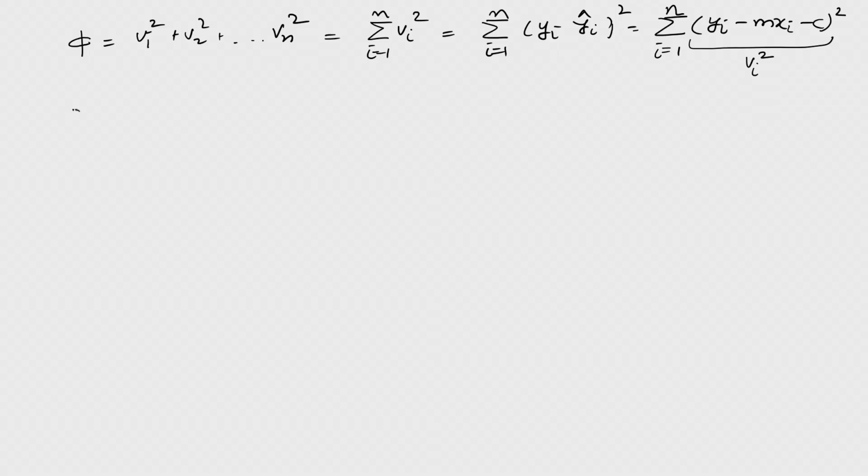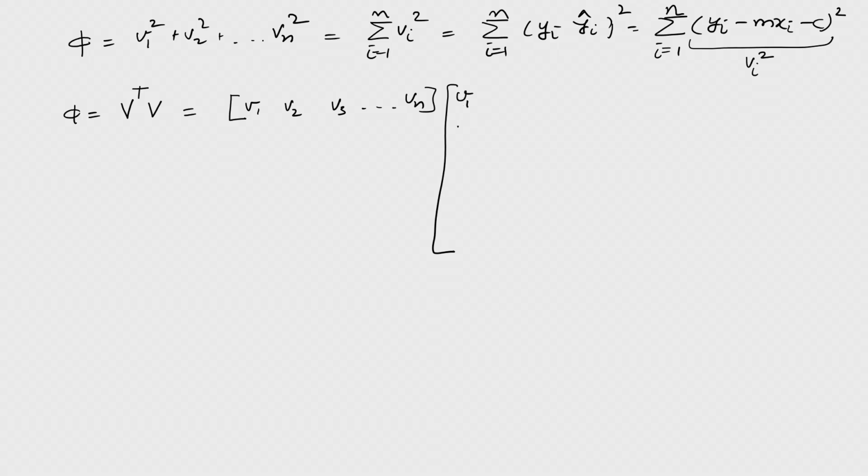Now, I can write the same thing phi in the form of matrix, capital V transpose into V, which is nothing but V1, V2, V3 up to Vn, times the column of the same.